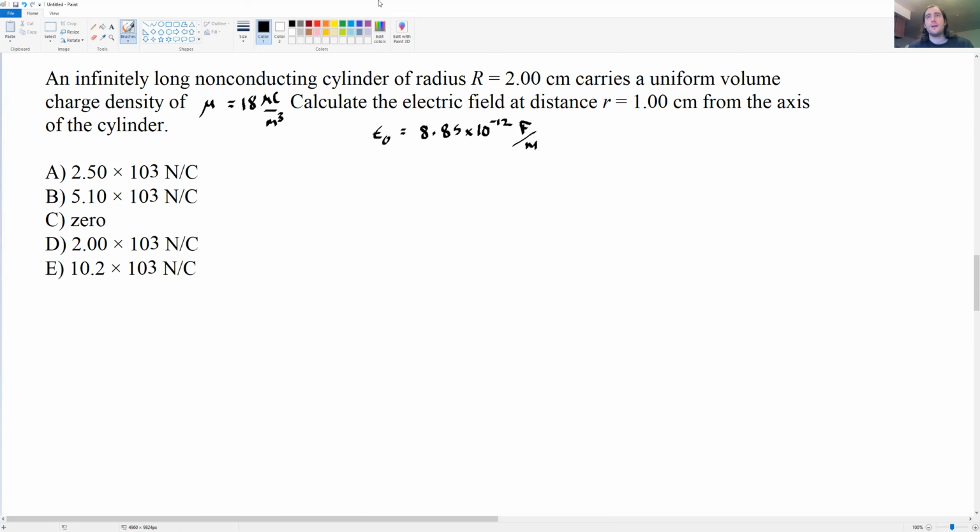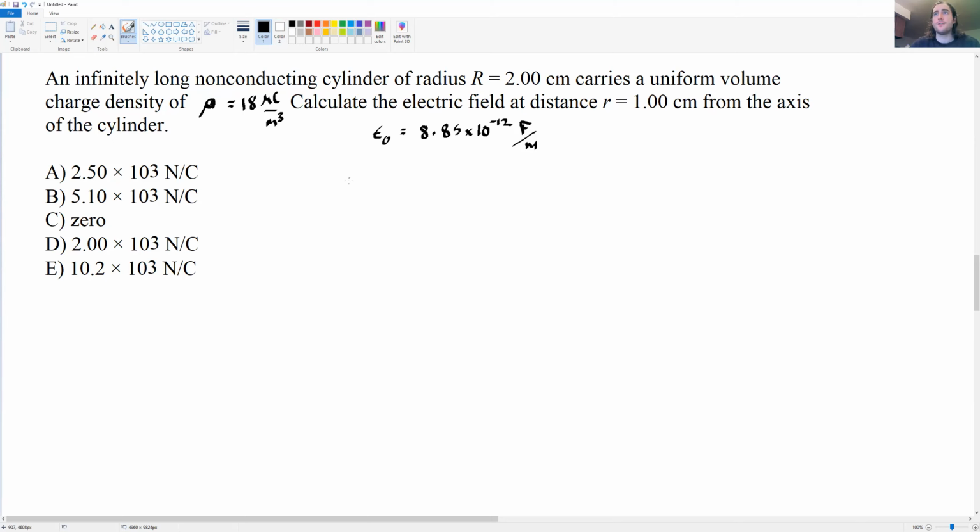Okay, so we're back with the next question, our second Gauss's law question here. The question is, an infinitely long non-conducting cylinder of radius 2 centimeters carries a uniform volume charge density of mu, I wrote mu, but I think I should have written rho here. So let's change that to a rho.